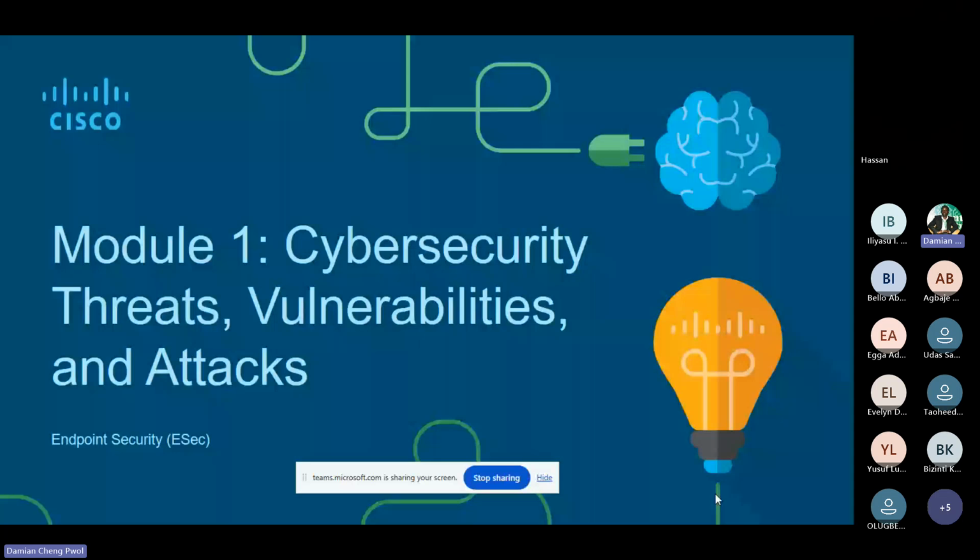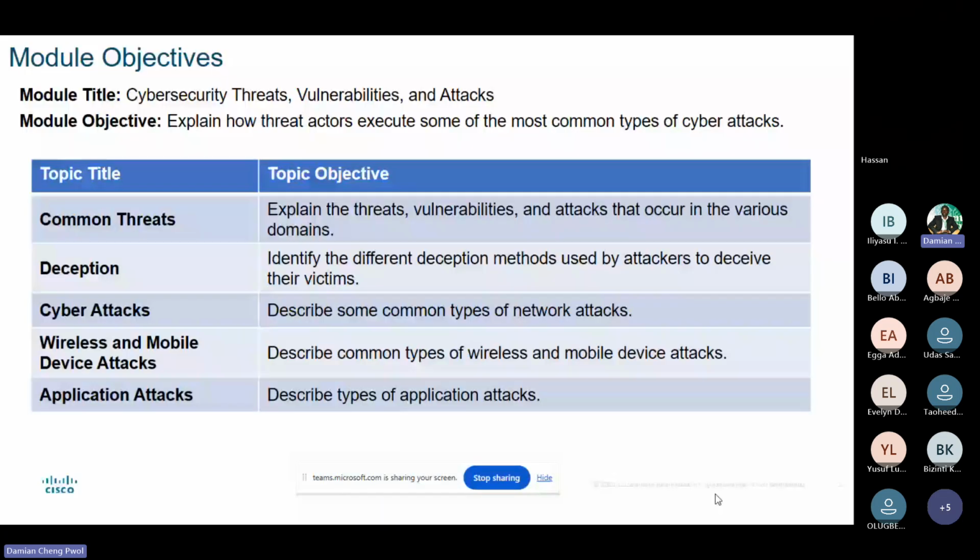These are the objectives of this module. The module title is just a repeat of what I've mentioned earlier. Module objectives explain how threat actors execute some of the most common types of cyber attacks.